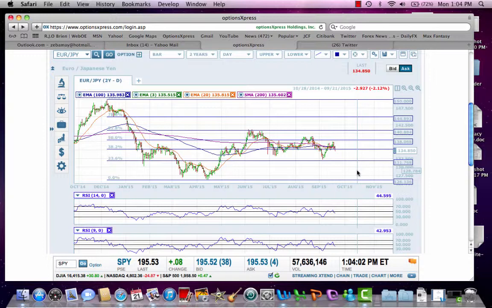Again, all of these can be used in order to enhance your trading. But today we're going to strictly focus on Fibonacci levels and RSI, which is on the bottom of the page, and you can see how I took RSI 9, which is a traditional count that we use RSI for, and RSI 14.